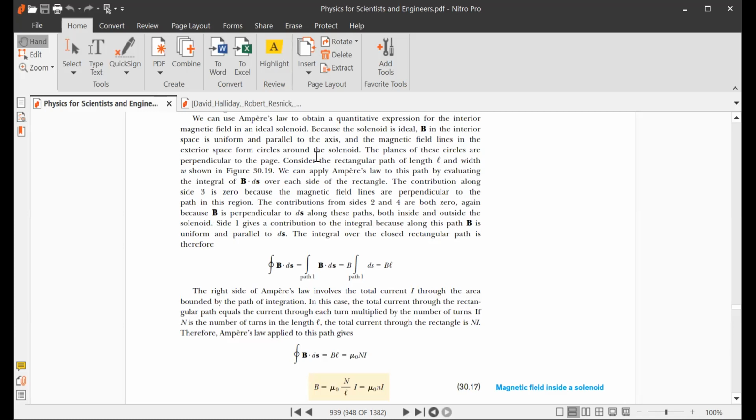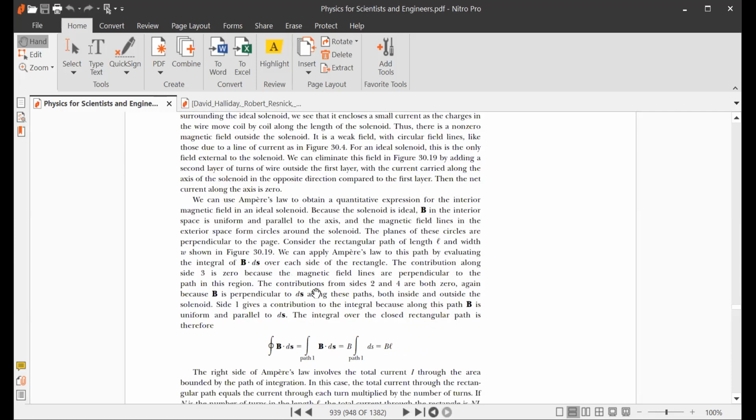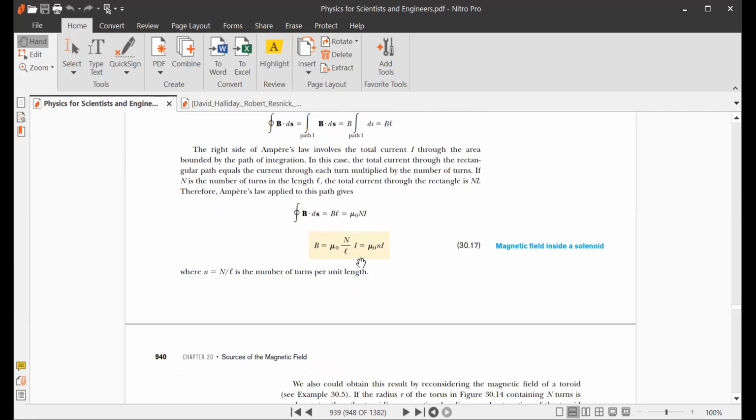Then how many wires do you have to enclose? This is N times I, the current that flows in the wire. So we get this formula.